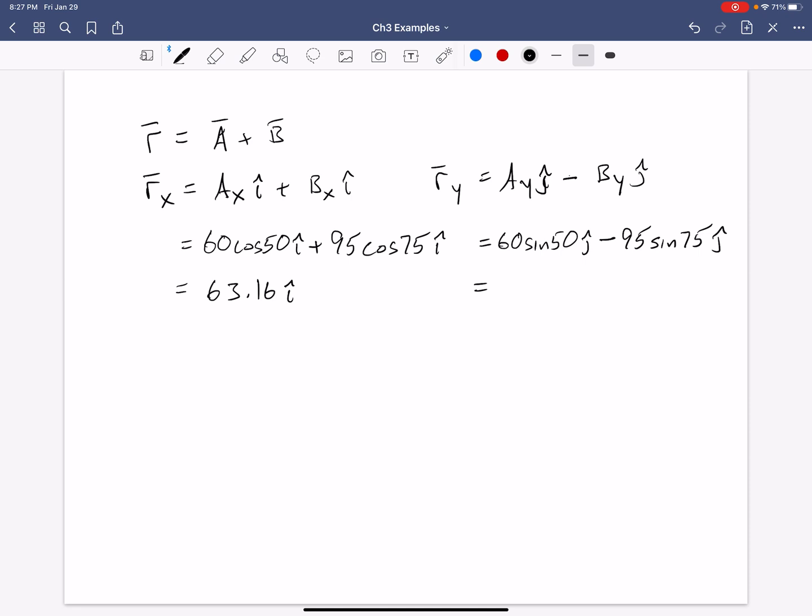And if you do the math here, you should get a negative number, negative 45.8. Oh, I forgot the units on these. That's okay.